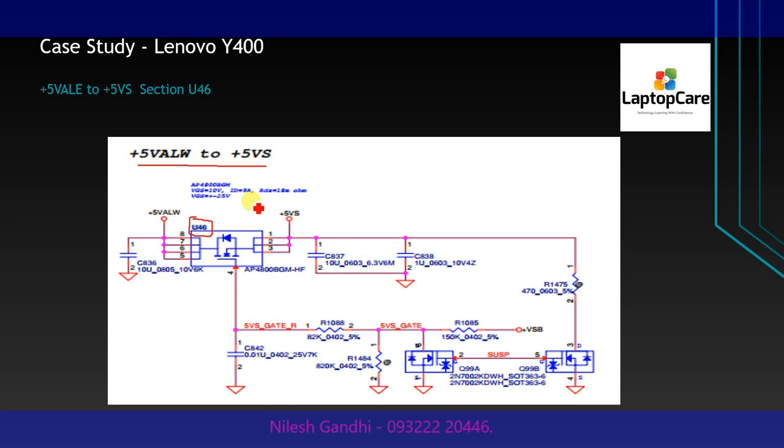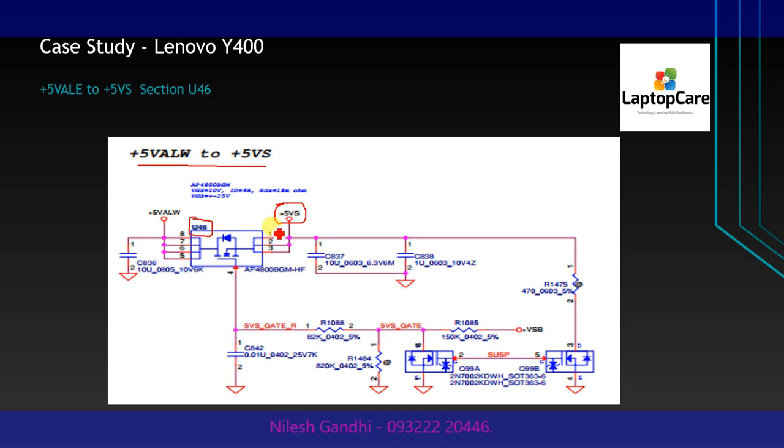So when we check this VS line, that is 5 volt always to 5 volt VS line, we found the impedance is still low. So instead of going to all sections to check here, we have decided to check this U46 first, and decided to use the voltage injection method to find out the short in the board.